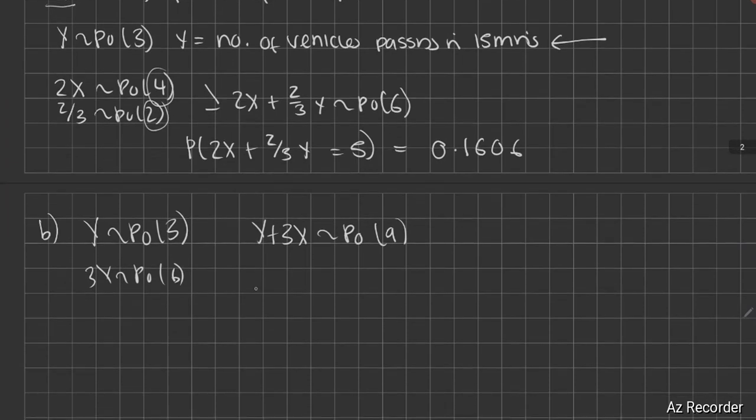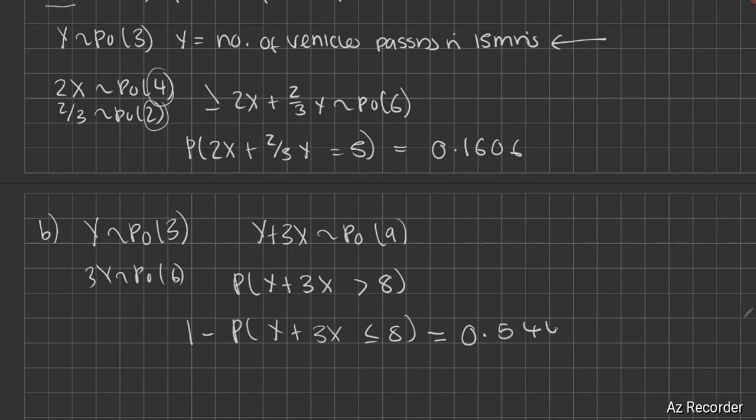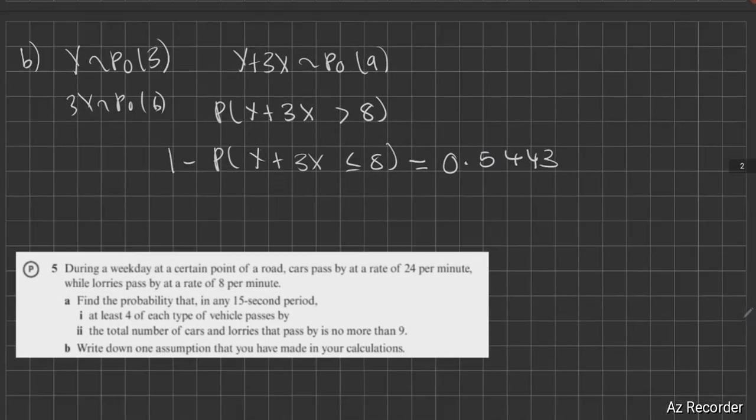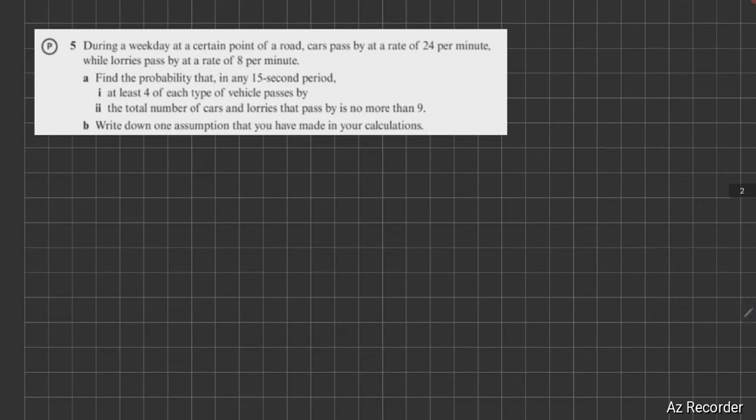So more than 8 vehicles: the probability that Y add 3X is greater than 8, or 1 minus the probability that Y add 3X is less than or equal to 8. If we plug this into our calculator, we get 0.5443.